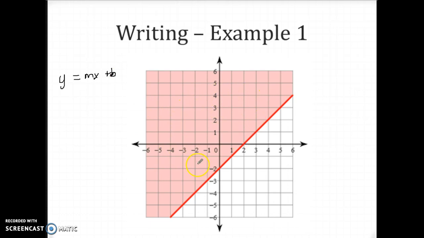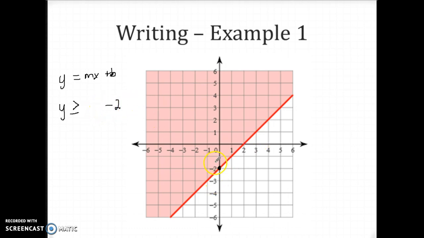It's shaded above, so I know it's going to be greater than, y is greater than, and it has a solid line. Since it's a solid line, I know it's also going to include anything on this line, so greater than or equal to. My y-intercept is here at -2, so I know my equation will end with -2.